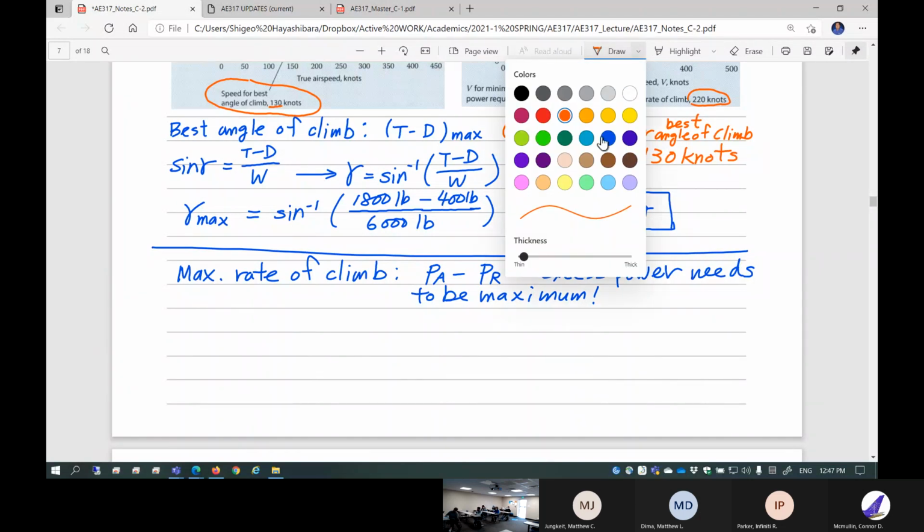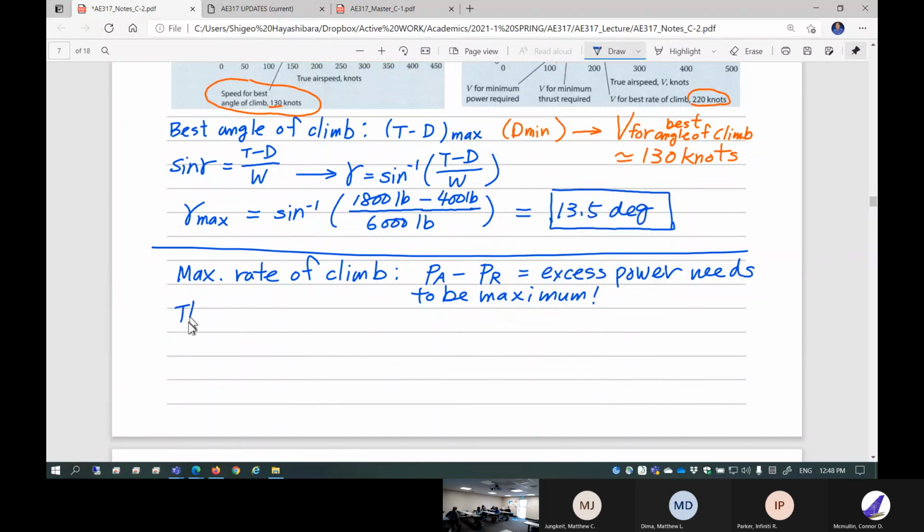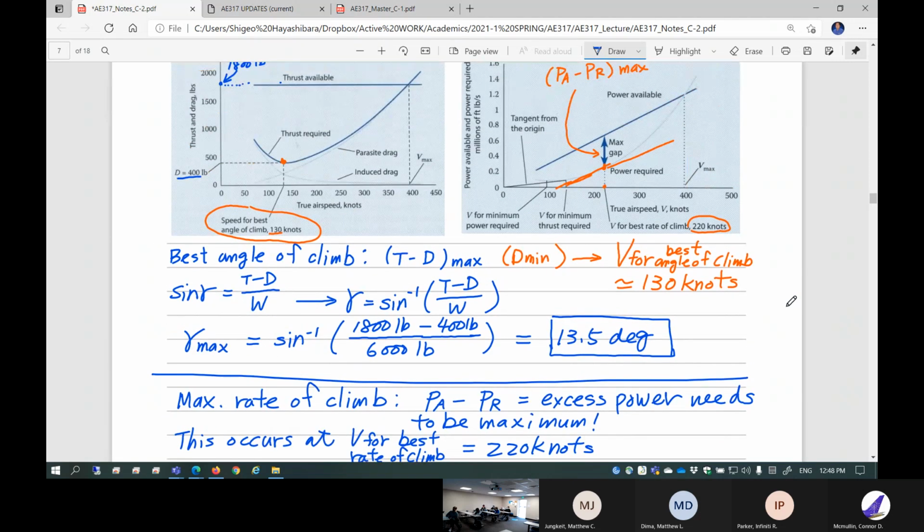So V for best rate of climb is equal to about 220 knots. And then you're going to read off those two values here. This is the power required around here. This is the power available around here.